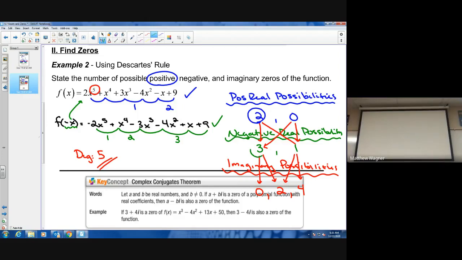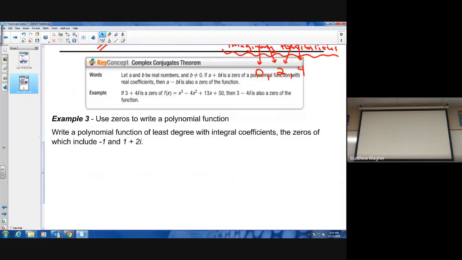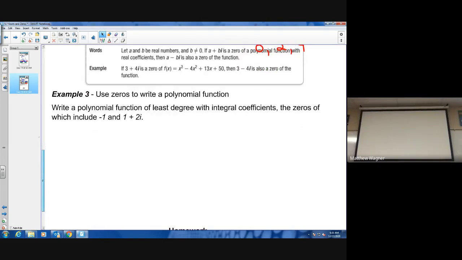When you plug in negative x, that's the maximum number of negative real possibilities. And then you want to piece it together, keeping in mind the degree of the function on those problems, because you're never going to have more than 5 answers in this case. Complex conjugates theorem, we already talked about. If you have a complex answer, they always come in pairs.